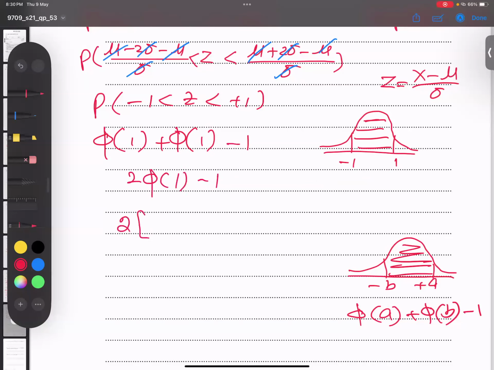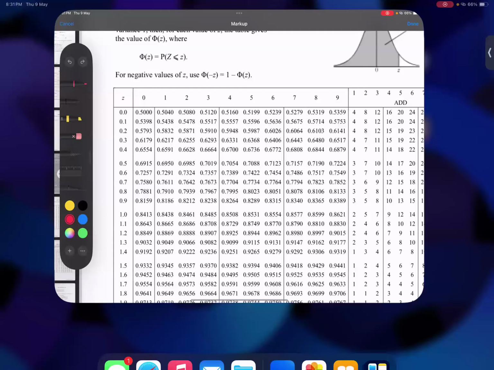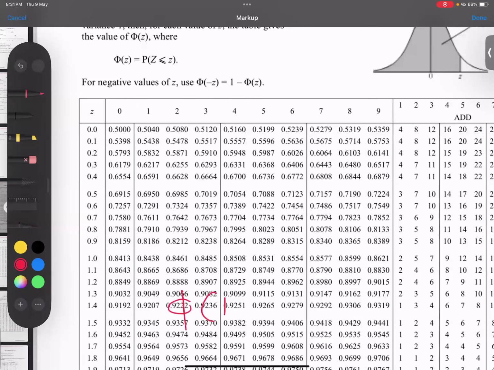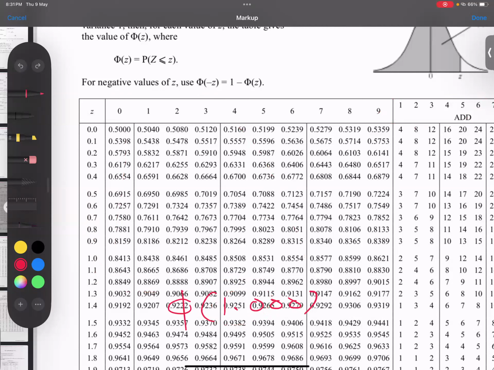And 2 times phi of 1, this value I will get from the table. Come back, phi of 1. Phi of 1 means 1.00. The 1.0 is coming from here, and this 0 comes from the top. There is no section of addition for the last 0, so no need.